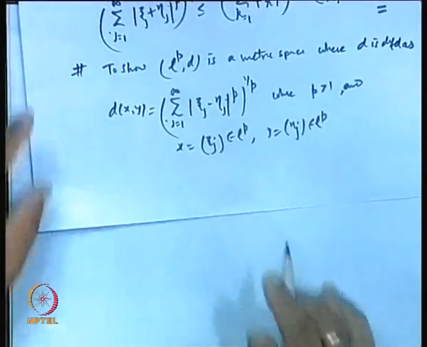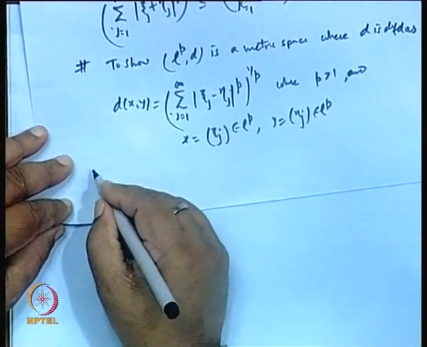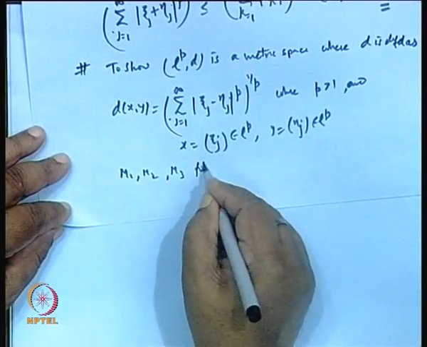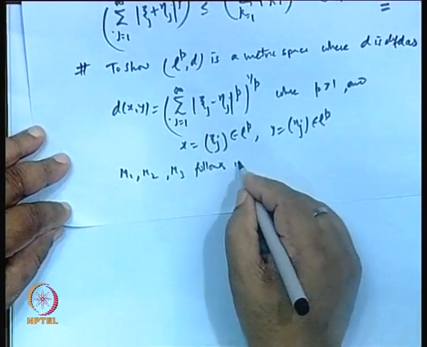Now, how this follows is, so first 3, M1, M2, M3 follow immediately.